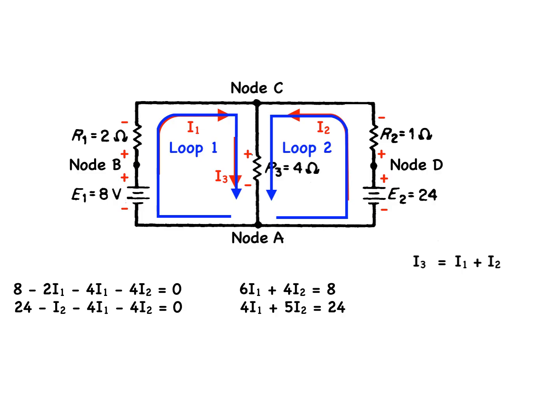Now I'm going to multiply the first equation by 5 and the second equation by 4. This will allow me to get rid of the variable I2 by subtracting the second equation from the first, which will leave us with just one variable, I1, and the equation 14I1 is equal to minus 72.